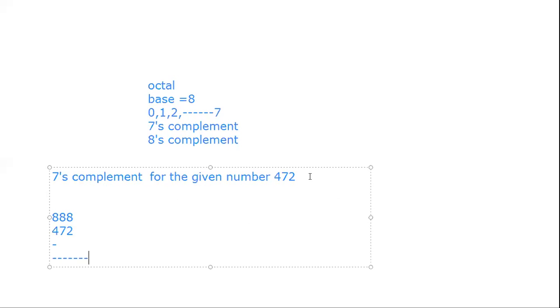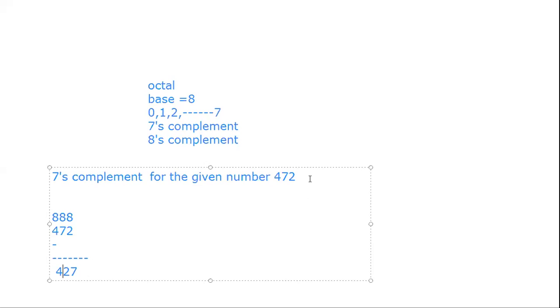What is the result? First, 7 minus 2 is 5. Next, 7 minus 7 is 0. Then 7 minus 4 is 3. Here the 7's complement is 305.